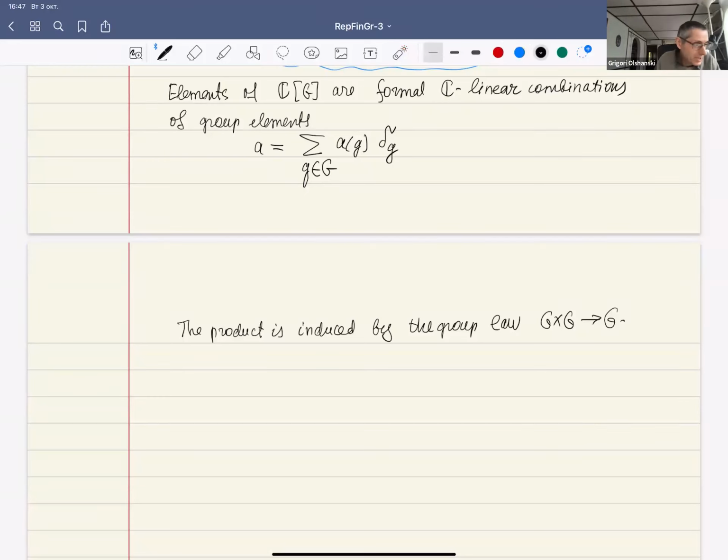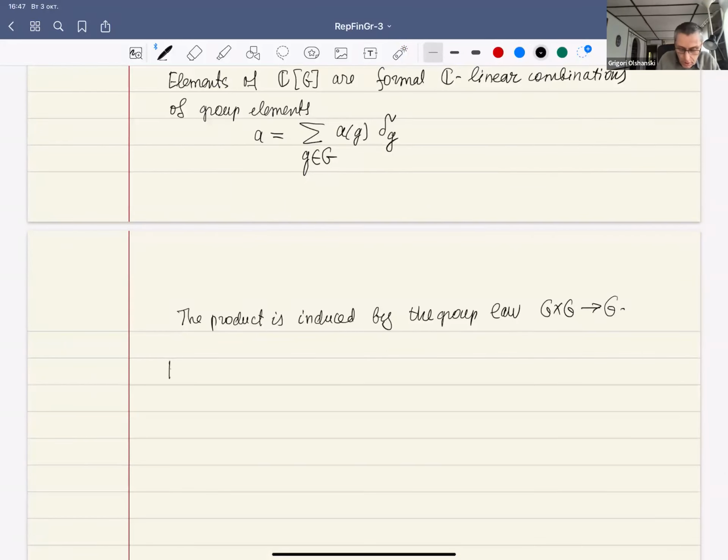So let me discuss a little bit how to understand these elements. It's tempting to regard them as functions.